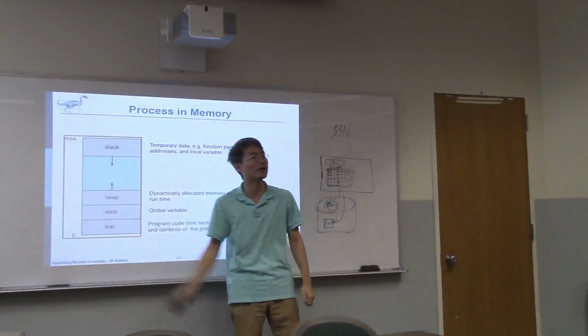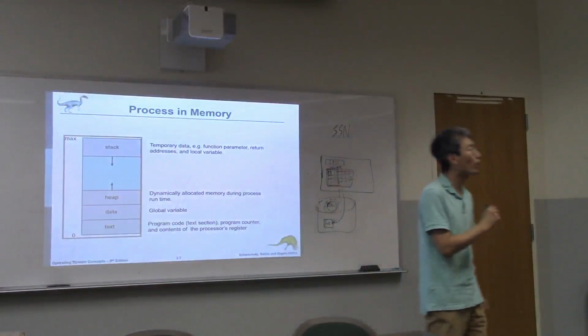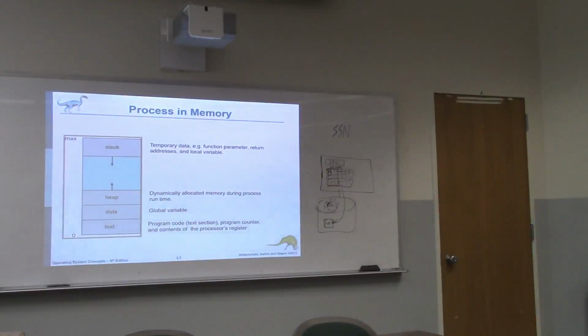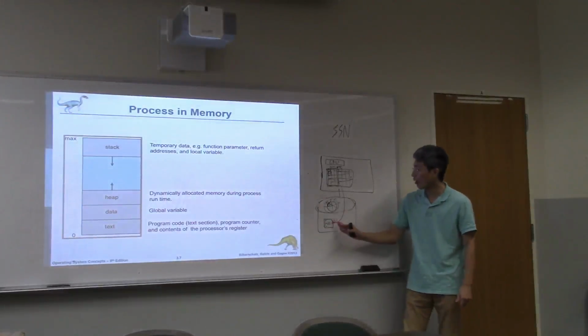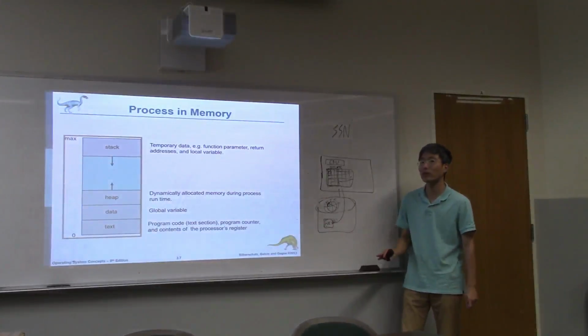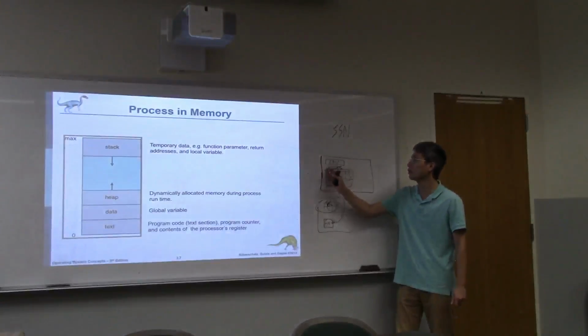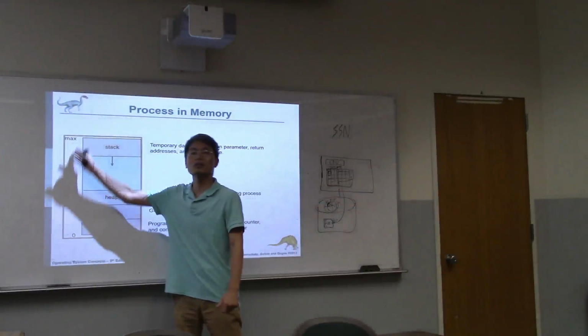So these are the basic organization, the basic structure of the process. When you create the process, which means when you execute the executable file or the class, it will be loaded into the memory in this format.